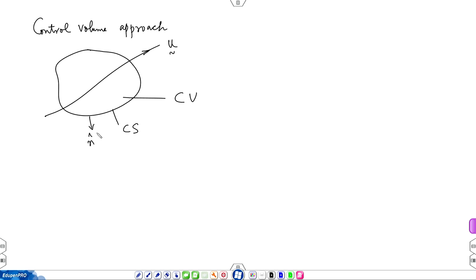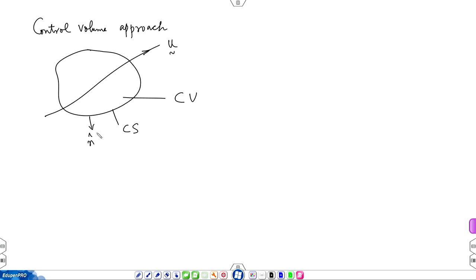Now the particles are all going through the control volume, and since you are not picking one particle or the other, you cannot apply natural laws straight away to the control volume.